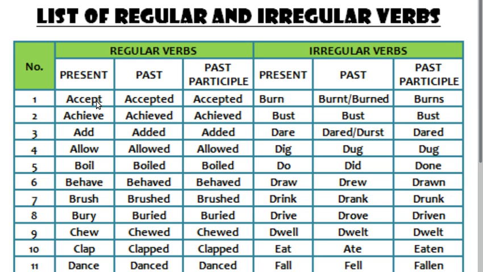Not see? Okay, very simple. Look at the verb in present and look at the verb in past. The first word you have here is accept. Now in past tense we don't say accept, we say accepted.